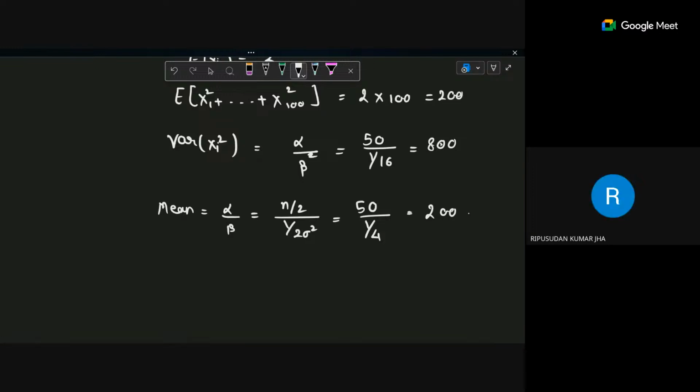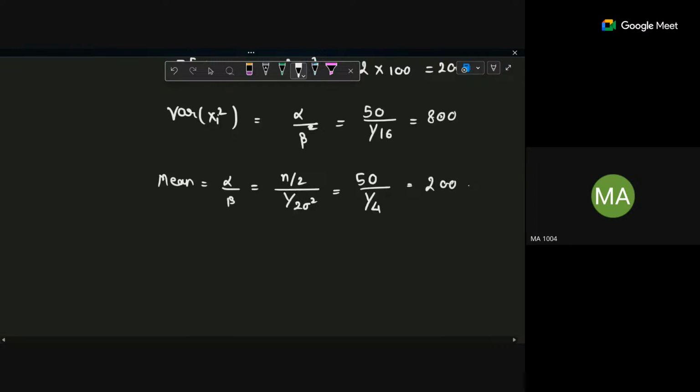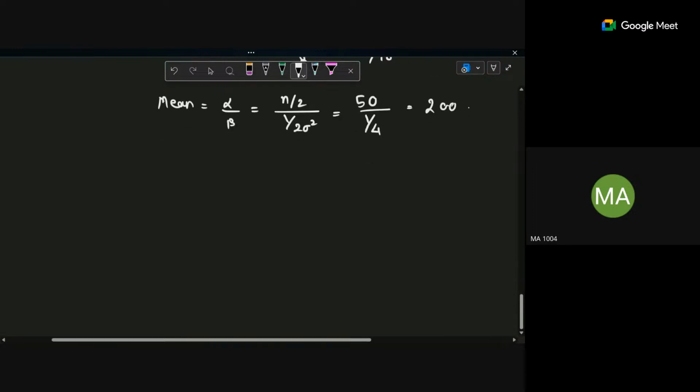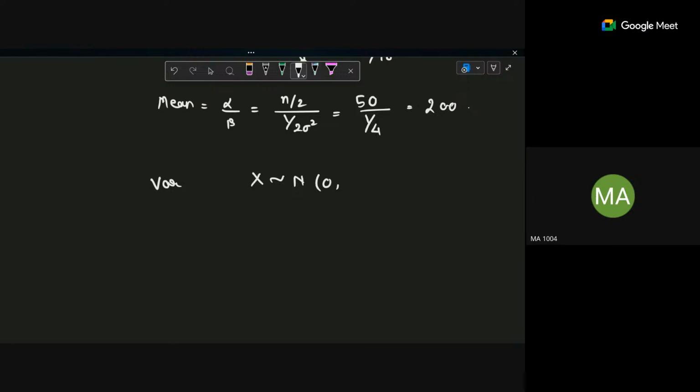Okay, fine. So variance can also be given by this: whenever your xi follows a normal distribution, say x is following a normal distribution with mean 0 and variance sigma square, then the variance of xi square will be given by, does anyone know that?